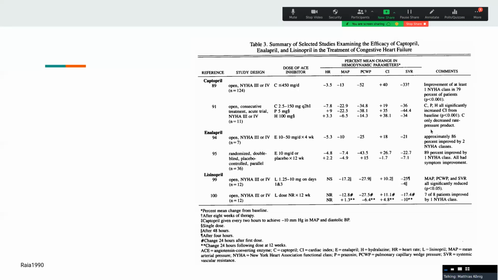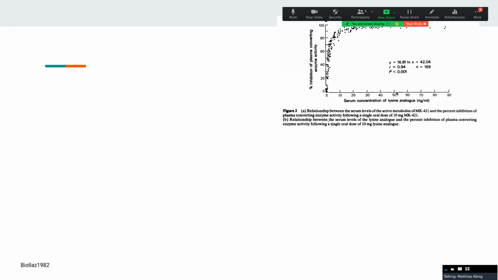The important thing to take away is that you have a lot of ACE inhibitors, and a lot of different readouts you could look at. Blood pressure is one of them, but there are a lot of proxies which are related to blood pressure and are important for modeling blood pressure. So we are also interested in these additional readouts and responses.